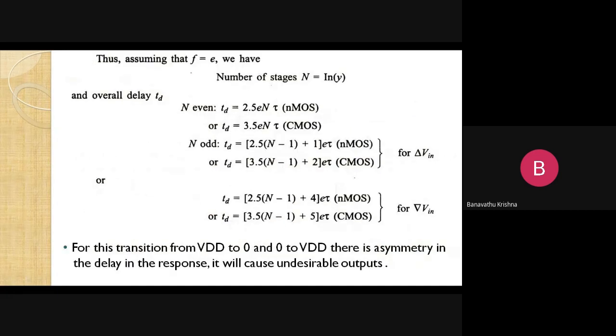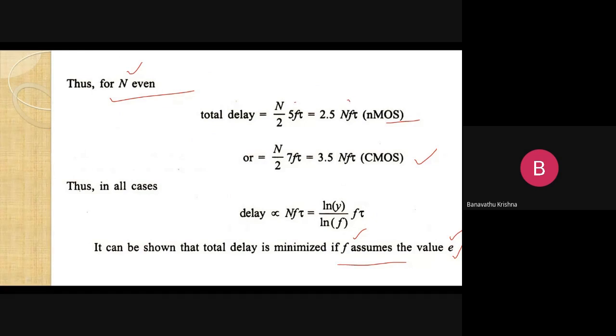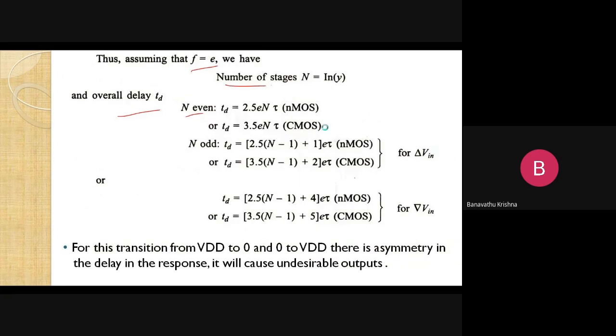So for the number of stages n equal to log of y, the overall delay for n even is td, the total delay, equal to 2.5 e n tau for NMOS. Similarly, for CMOS, it is 3.5 e n tau.